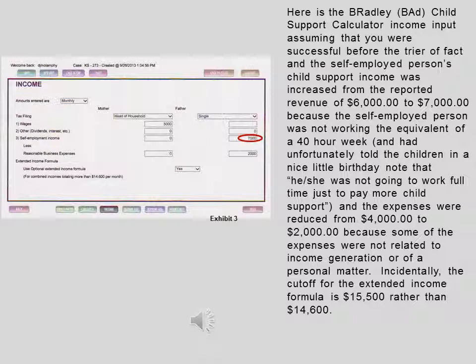And the expenses were reduced from $4,000 to $2,000 because some of the expenses were not related to income generation or of a personal matter.